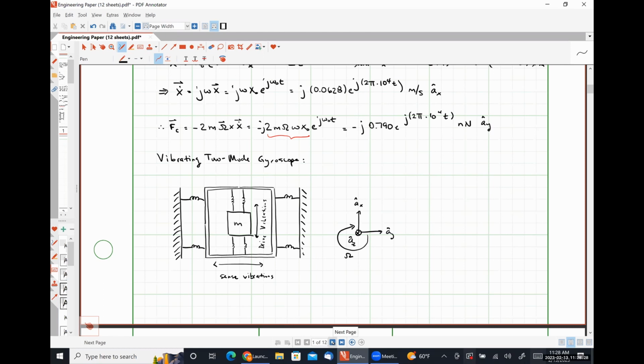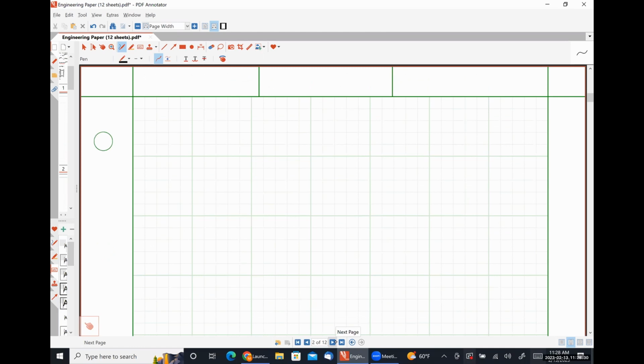So for a simple harmonic oscillator, we know that our force is our mass times the second derivative of our mass displacement with respect to time, plus our damping coefficient times the first derivative of displacement with respect to time, plus our spring force, okay?